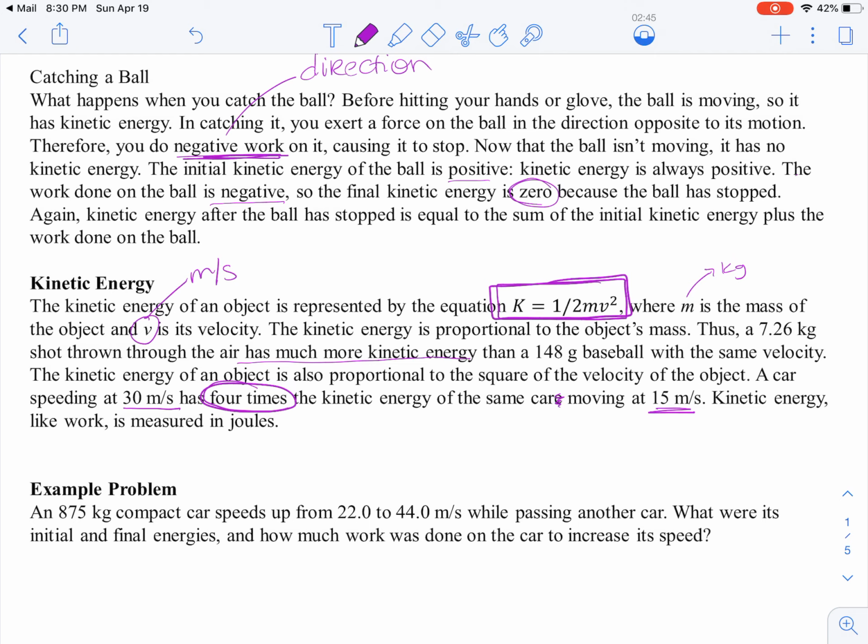So even though our speed decreased by a factor of 2, since velocity is squared, we have to take that into account. So it's a 4 times difference. Kinetic energy is measured in joules, which is capital J.